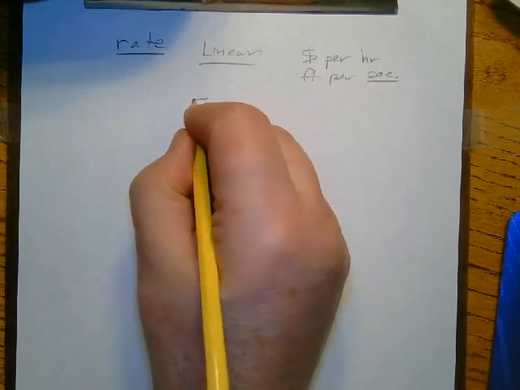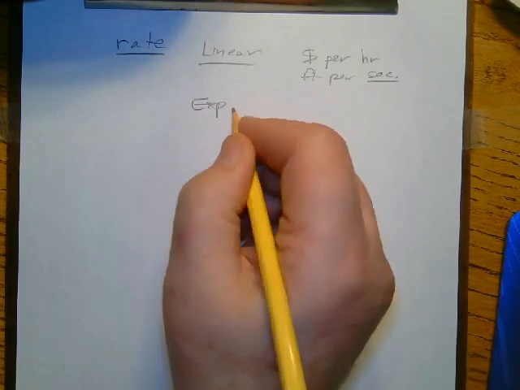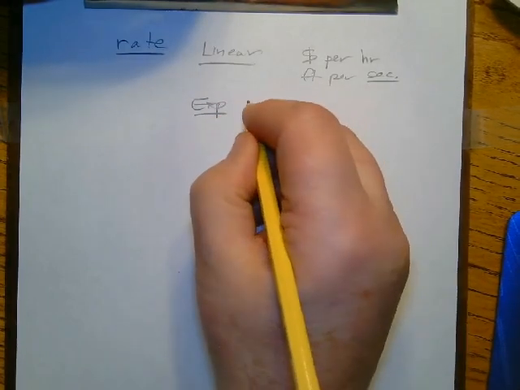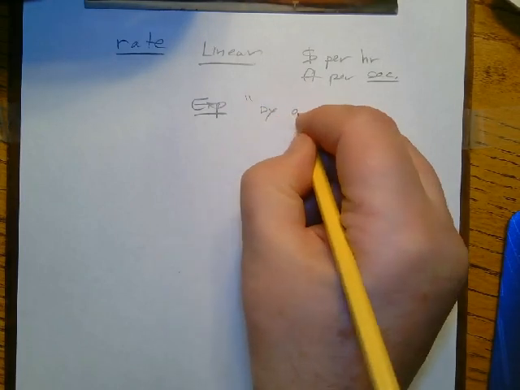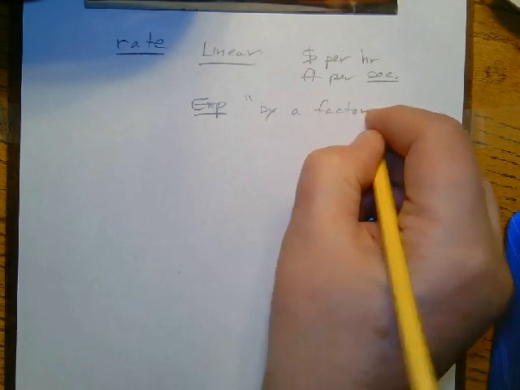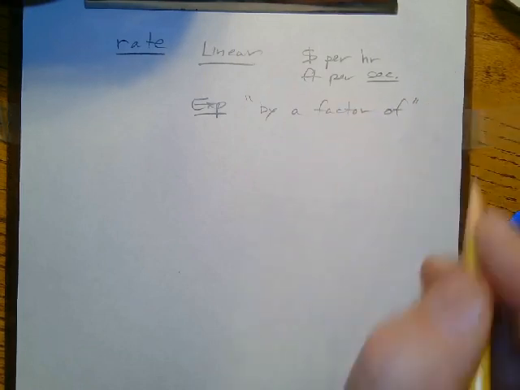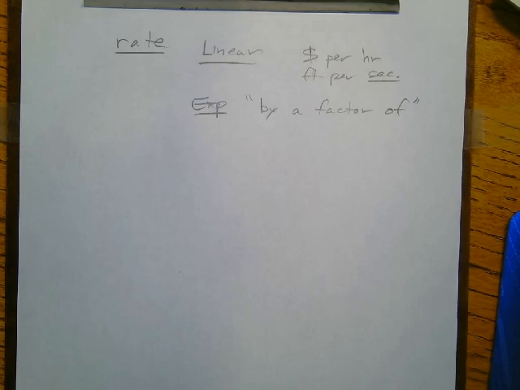But in exponential equations, when we talk about the rate, we usually use the phrase by a factor of. By a factor of. Because, well, what's a factor? Well, factors are multipliers. And so if you're going by a factor of 2, every time you're multiplying by 2. It's not some consistent amount per hour or per day or whatever.